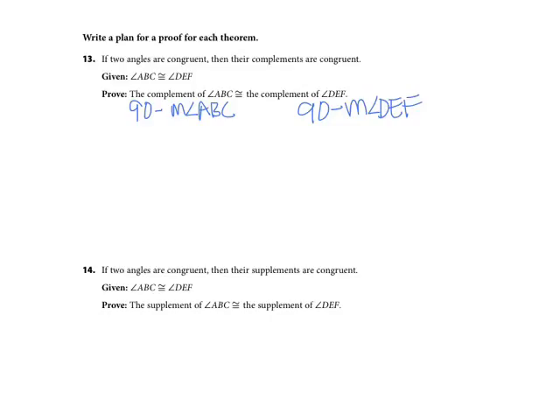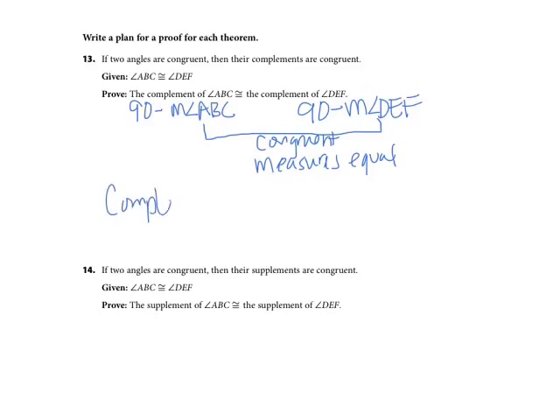Now, since angle ABC and angle DEF are congruent, the measures are equal, so I can always exchange the measurement of angle ABC for the measurement of angle DEF, which would make both complements congruent to each other. So the complements will be congruent by substituting.